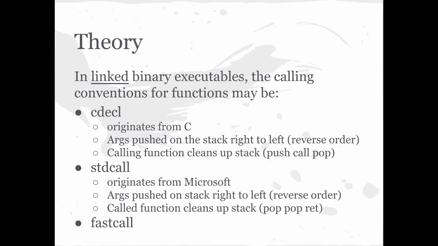We covered cdecl, we covered standard call. We did not cover fast call. Fast call is an important calling convention used in Linux, where the first 6 registers are used to store variables as opposed to the stack.